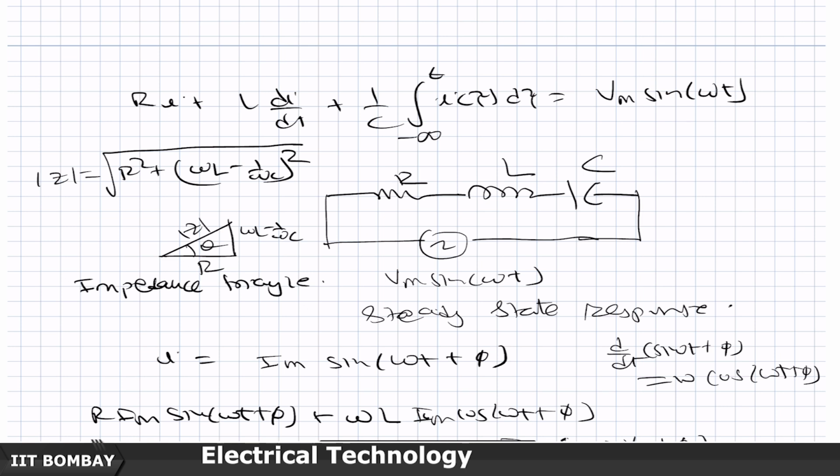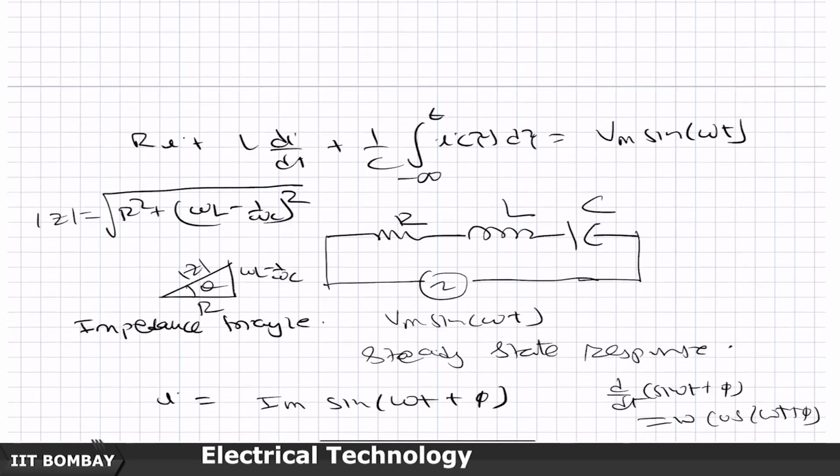But it is equally possible that C is very small, so 1 by omega C dominates, and L is small, so 1 by omega C dominates omega L, in which case this term will become negative.